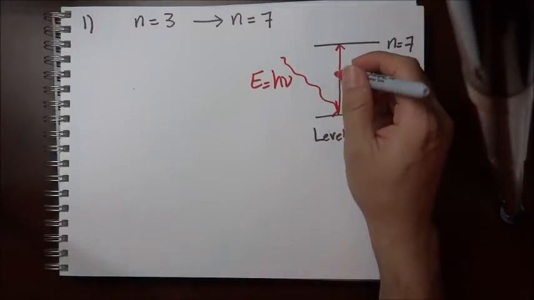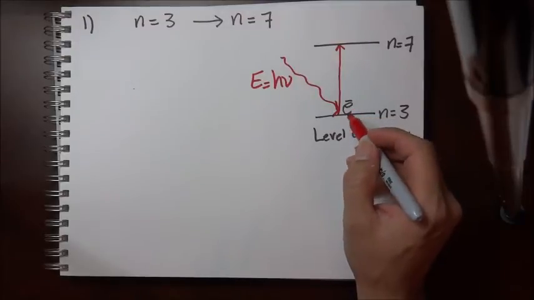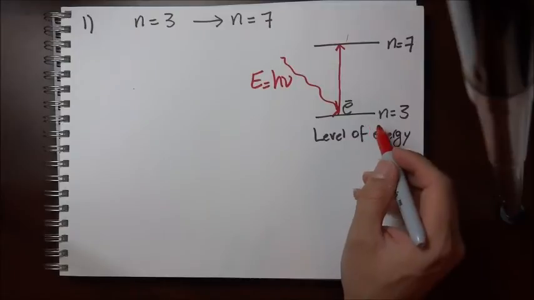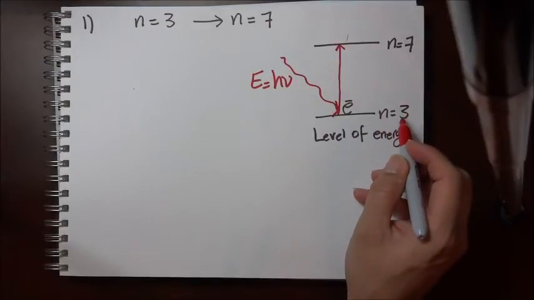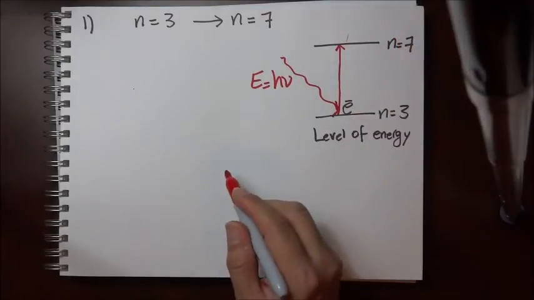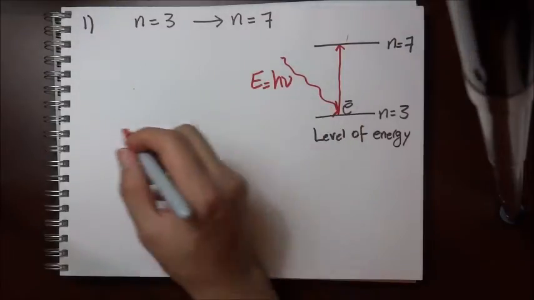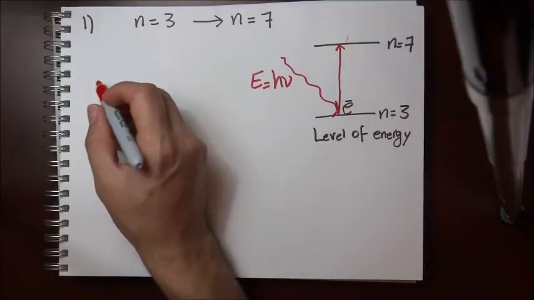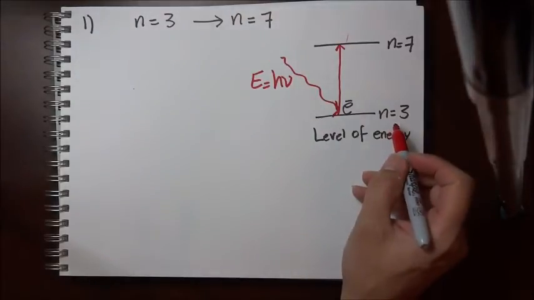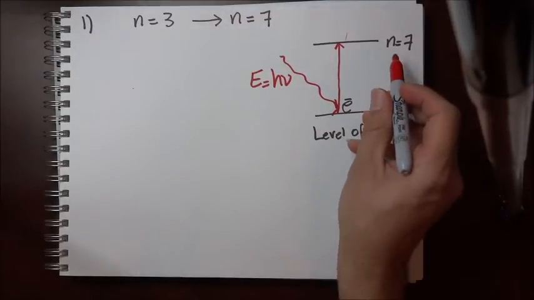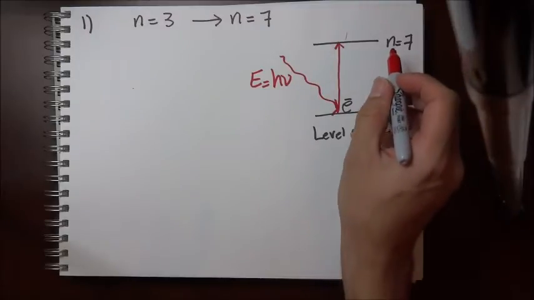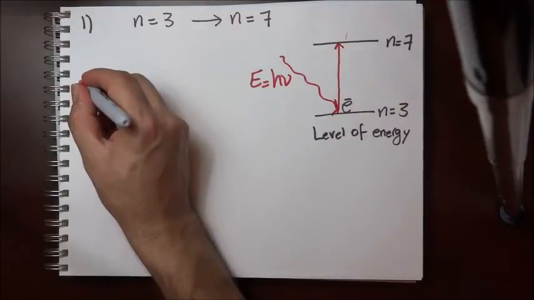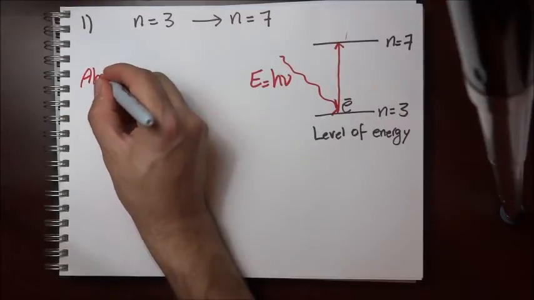Now I want to calculate how much change happened with the energy during electron transfer from n=3 to n=7. And thing I need to mention here, because we are sending electron from n=3 to n=7, from lower level to higher level, is electron transfer is going to be absorption.